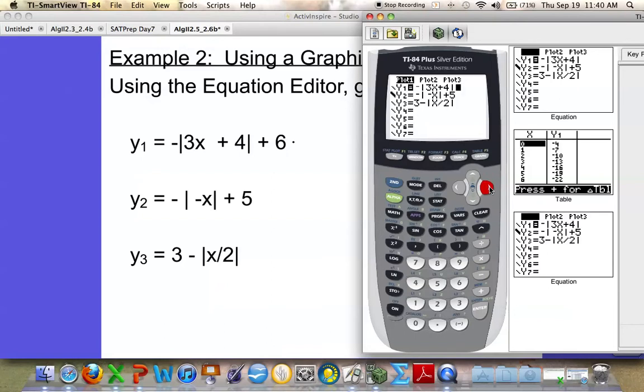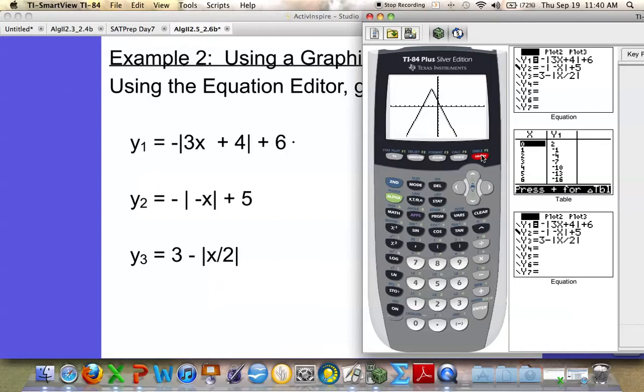Now you're outside the bars, so now you may say plus 6. Don't put this plus 6 in the bars because it would be different. And if we graph it, let me turn my stat plot off. Okay, you get a graph like this.